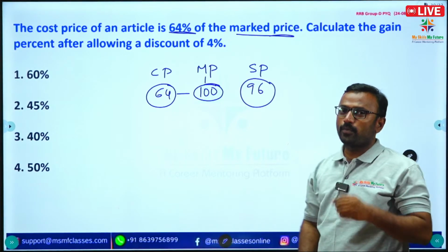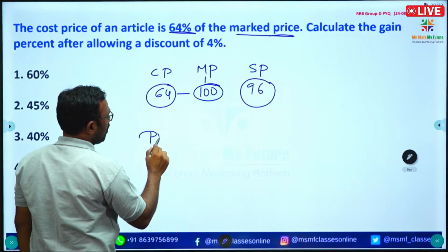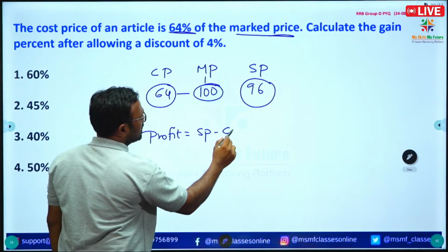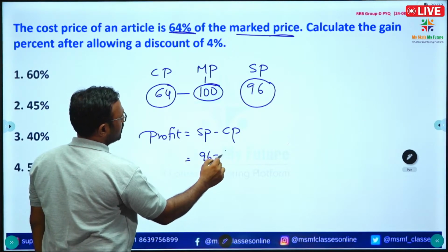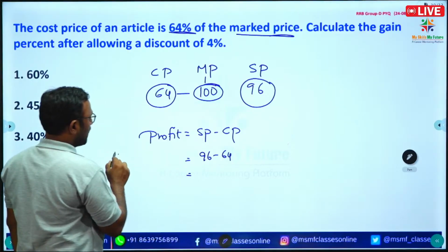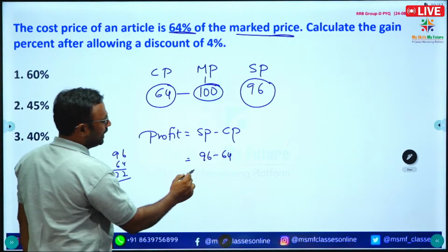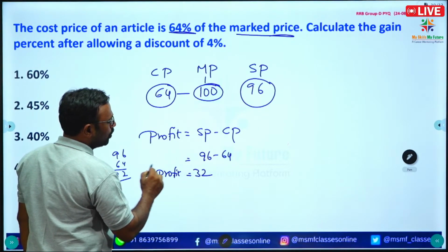They are asking the profit percentage. So first of all, take the profit. Profit is equal to selling price minus cost price. Selling price is 96, cost price is 64. So 96 minus 64, we get 32. Profit is 32.